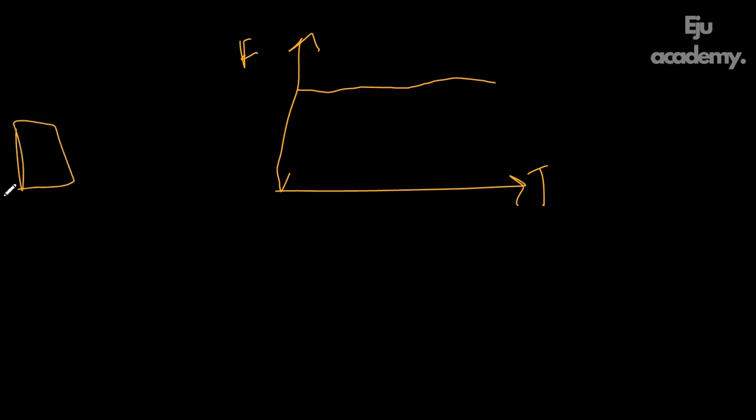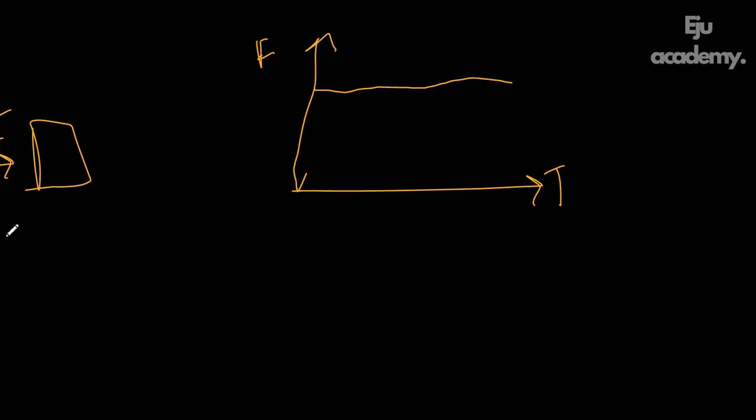Okay, so let's say a force and time diagram. This graph is going to be of force and time. Force is constant, but the time is increasing. When force is constant, say v newtons of force is applied, it's going to be v newtons.